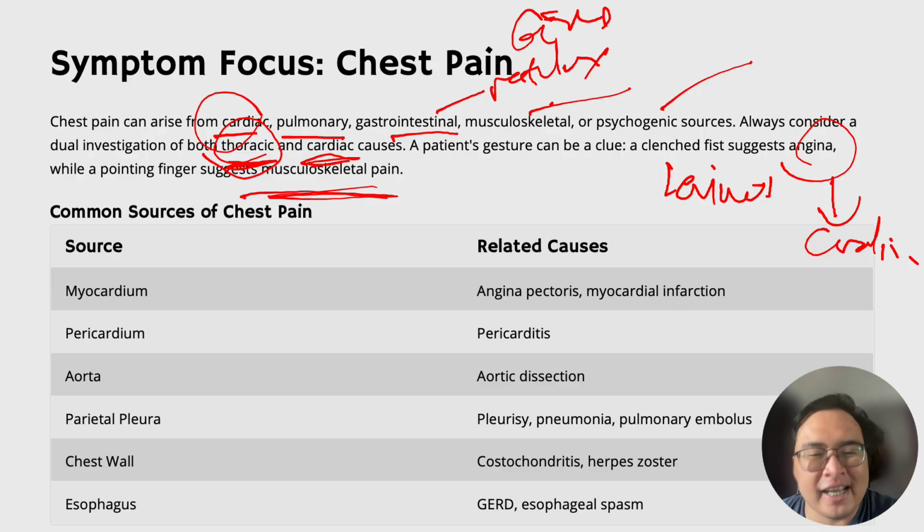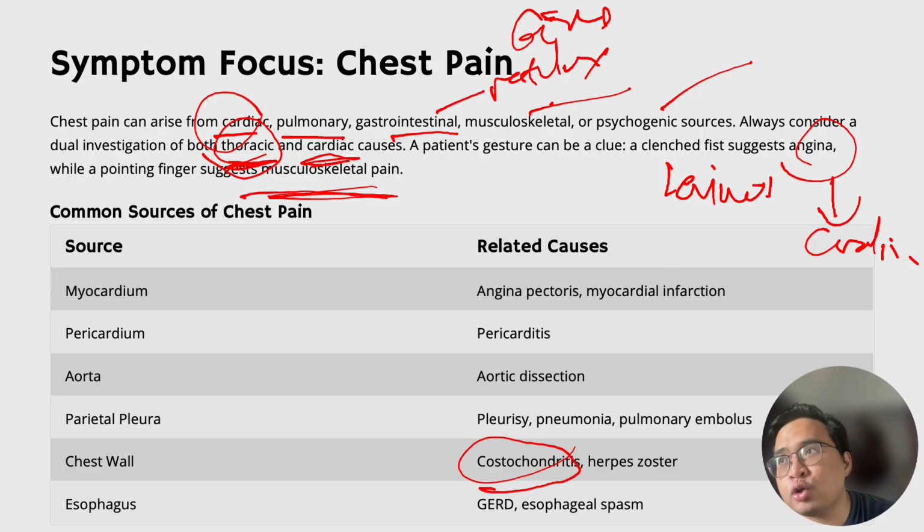This one is more benign, meaning you don't need emergency treatment, and this condition is called costochondritis. Most of the cases you're going to encounter in the emergency room are going to be costochondritis actually. But of course, you don't want to miss any cases of heart attack, right?